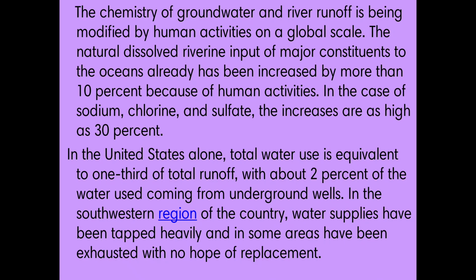In the United States alone, total water use is equivalent to one third of total runoff, with about 2% of the total water coming from underground wells. In the southwestern region of the country, water supplies have been tapped heavily and in some areas have been exhausted with no hope of replacement.